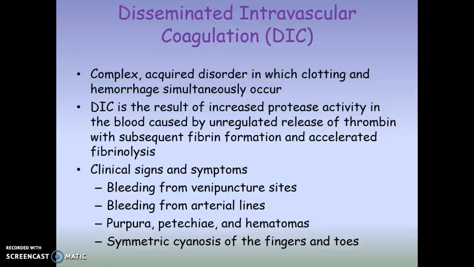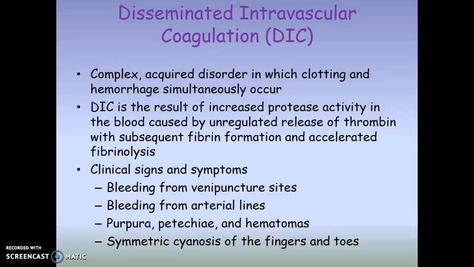In the presence of DIC, a seeming paradox exists. That is, systemic clotting in the presence of bleeding. So you have both occurring at the same time. Simply stated, systemic coagulation consumes the clotting factors and platelets. And at the same time, the clots are being broken down, that's the clot lysis, due to the anticoagulant effects of fibrinogen degradation products, the FDP, which can lead to oozing of blood or, in severe cases, hemorrhaging.